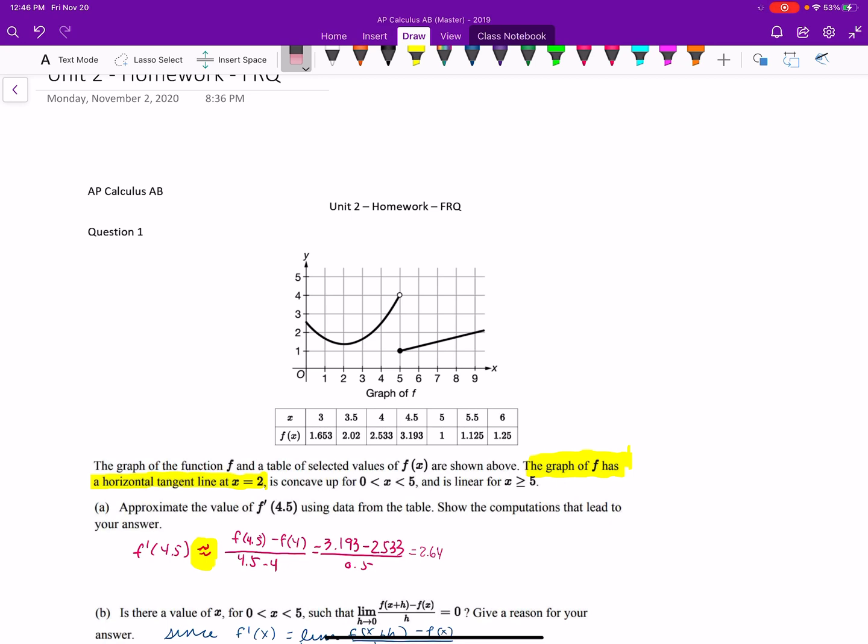So you have to use data from the table. Now, we want to do it at 4.5, but you have to be really careful. Normally we surround the 4.5, so we would use this point that I'm highlighting and this point here. However, you have to pay attention to the graph.